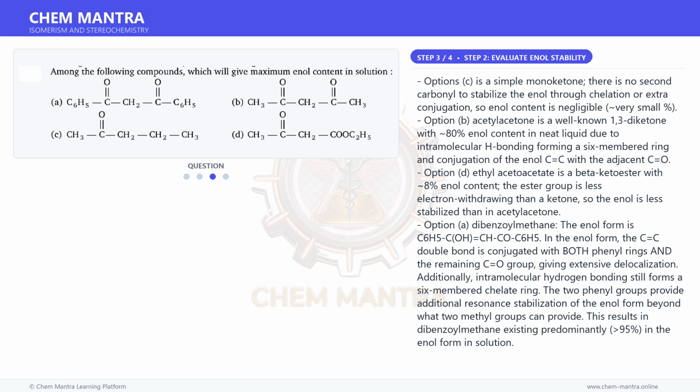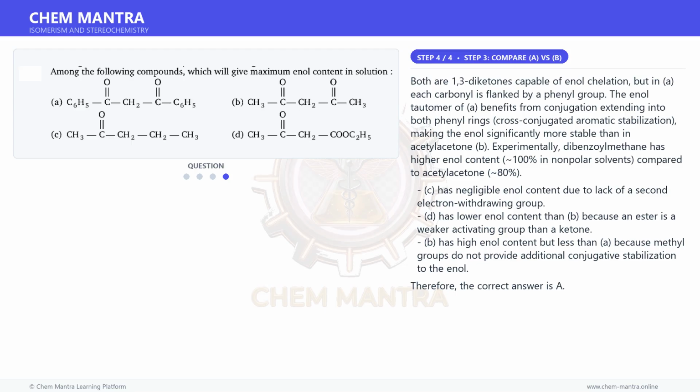Additionally, intramolecular hydrogen bonding still forms a 6-membered chelate ring. The 2 phenyl groups provide additional resonance stabilization of the enol form beyond what 2 methyl groups can provide. This results in dibenzoylmethane existing predominantly, greater than 95%, in the enol form in solution.